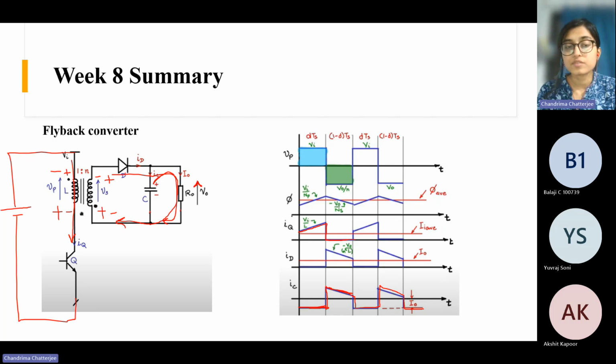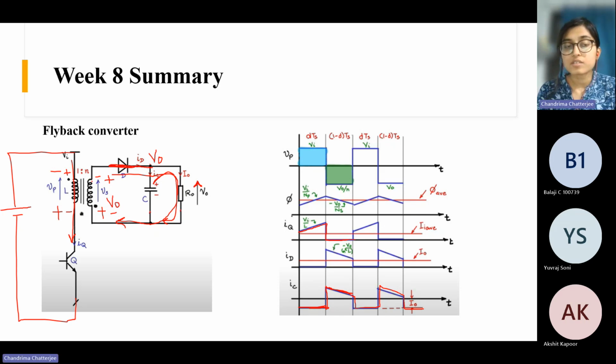If you see the circuit here, current is flowing like this. Now this diode is on, so there is no voltage drop, and the potential of this point is V naught, V out. So this V out voltage comes here also with this polarity.